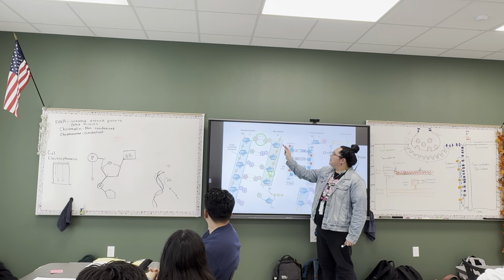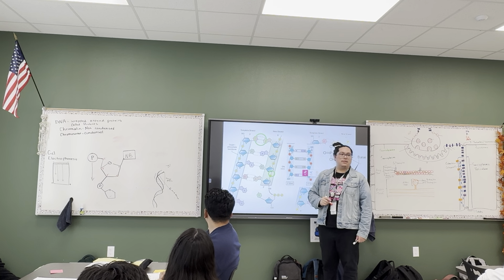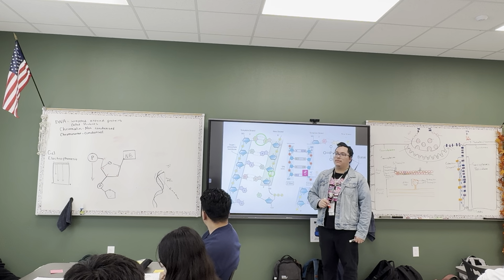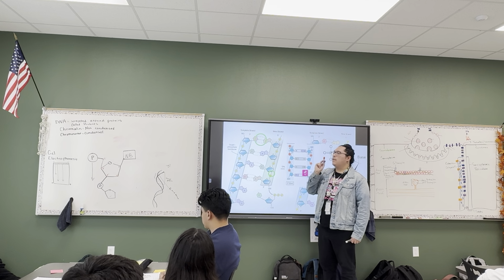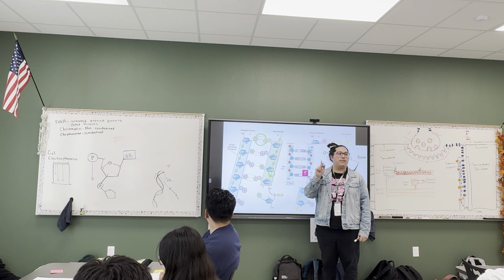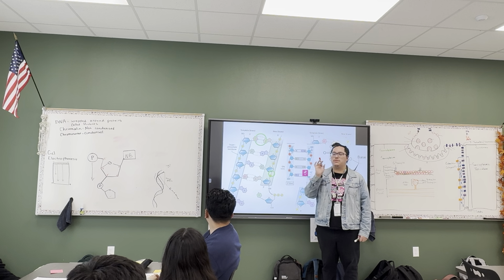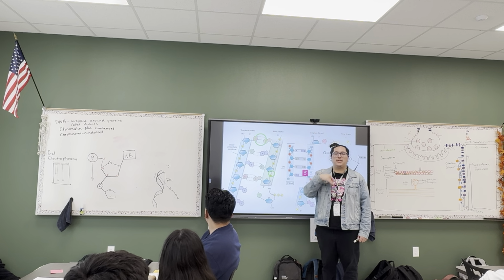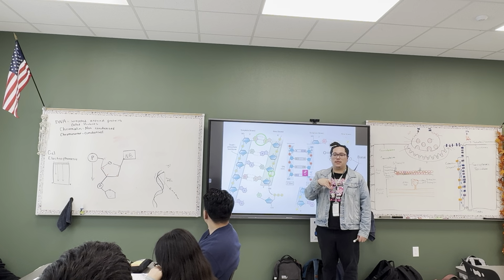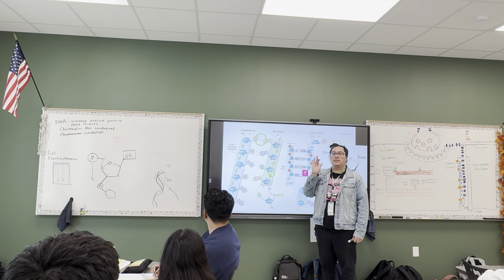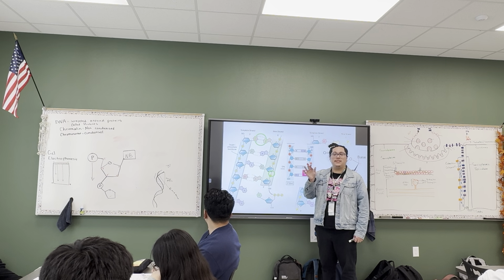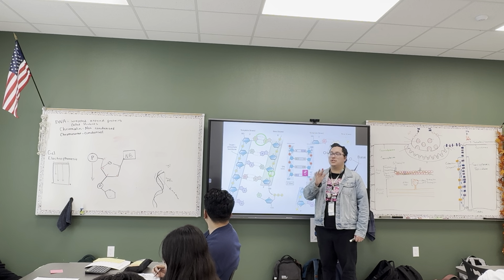So for example, what is this carbon right there? 1, 2, 3, 4, or 5? Remember, 3 is always attached to the nucleotide of the previous nucleotide, and it's a phosphodiester bond. 5 is always attached to the phosphate, and 1 is always attached to the nitrogenous base.